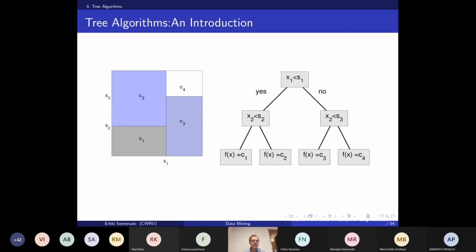The graph of the function in this case, this is a very simple tree, is this rectangle here, where the values C1, C2, C3, and C4 are coded as colors. You can think that this is an image which represents a function. A function approximated by a piecewise constant in this way can be identified with a decision tree.